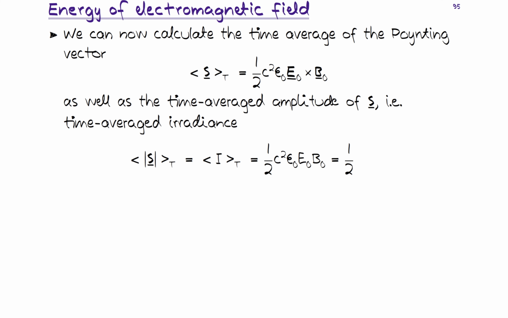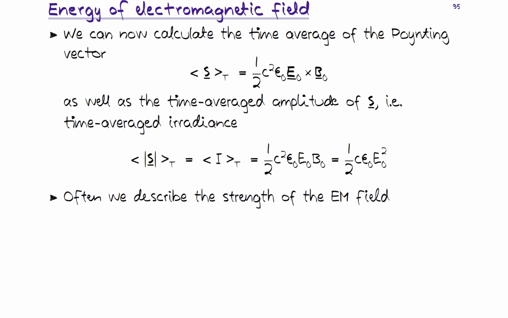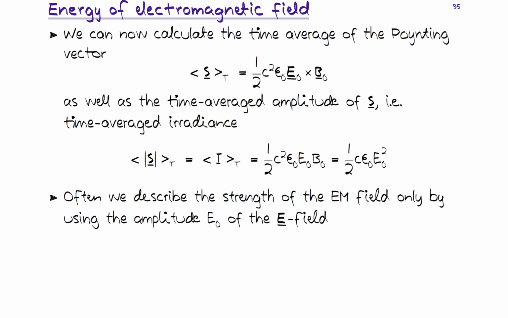And we can simplify this further so that we can calculate that the time average of the irradiance is 1 over 2 times c times epsilon naught times the E field amplitude squared. So often what we do is that we describe the strength of the EM field only by using the amplitude E0 of the electric field.